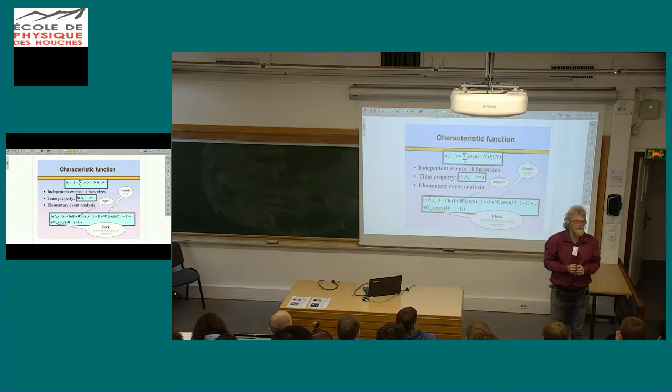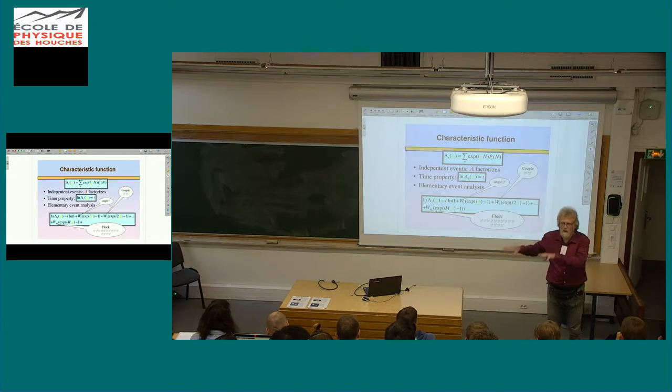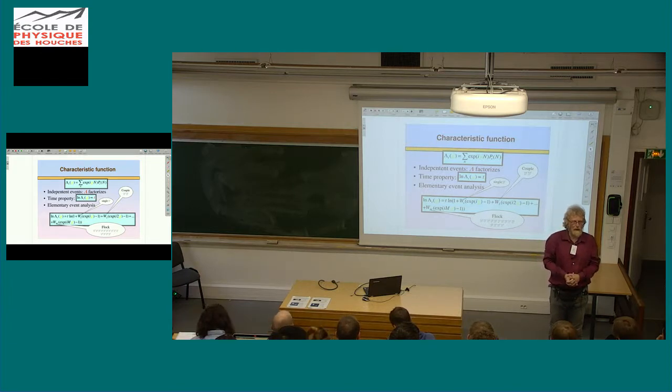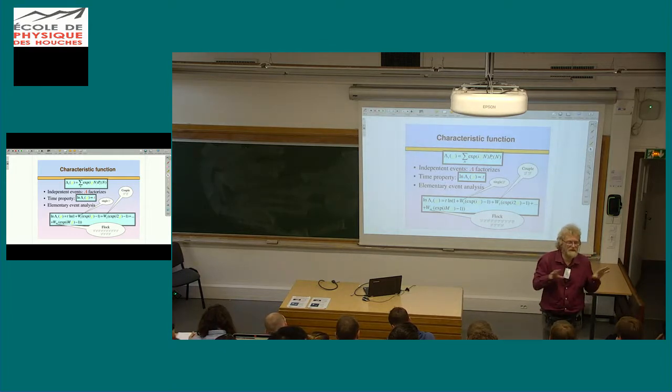Probability does not. Probability is a convolution of different independent sources. And if you just look at the probability, you cannot really understand which events are dependent or independent. With the characteristic function, it goes pretty well. For independent processes, characteristic functions factorize.